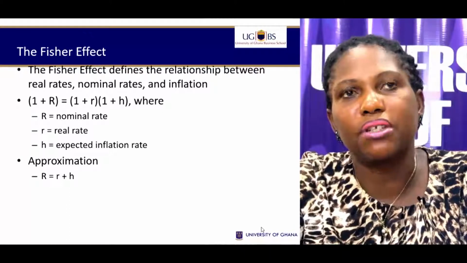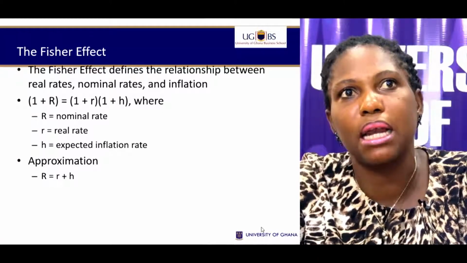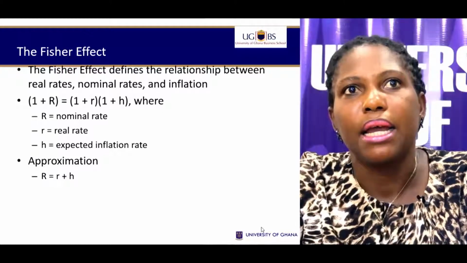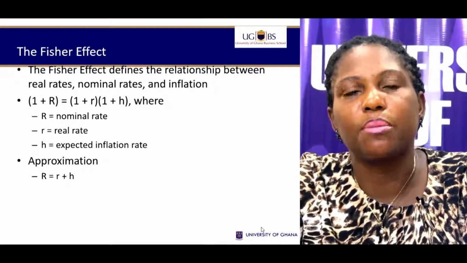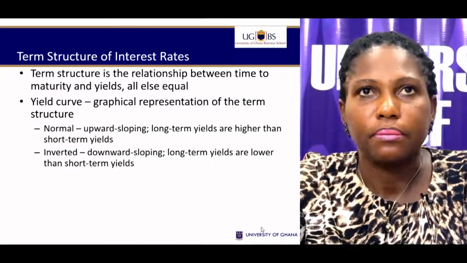So given by the Fisher effect, the equation is that your nominal rate, which can be proxied as 1 plus R, is given as 1 plus the real rate multiplied by 1 plus the inflation rate.